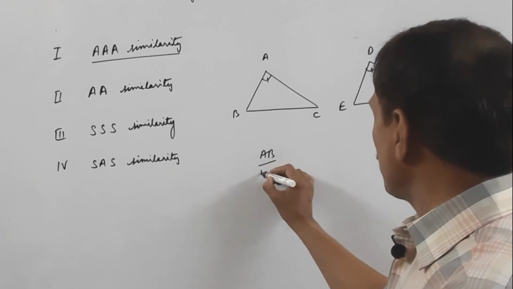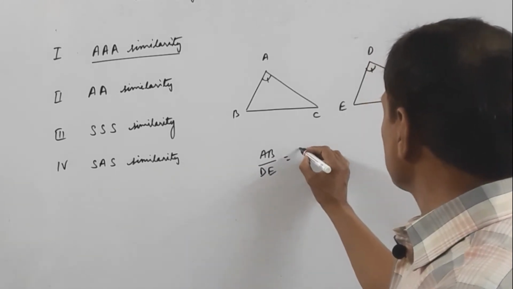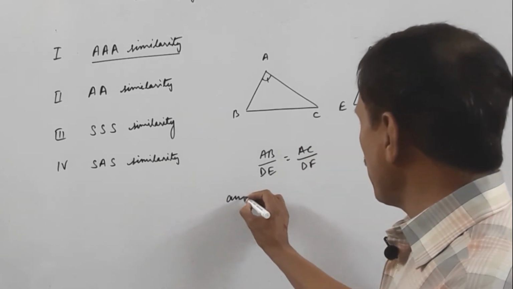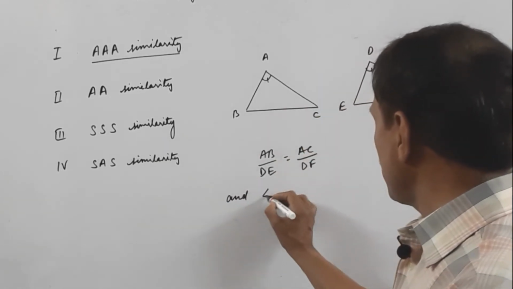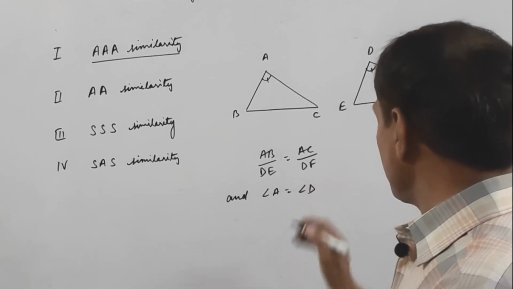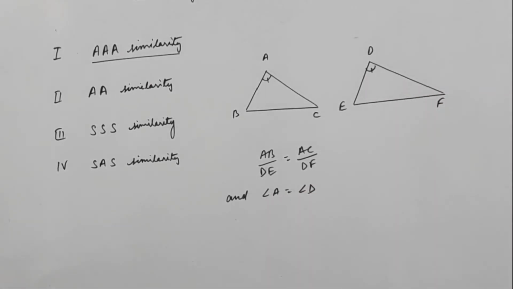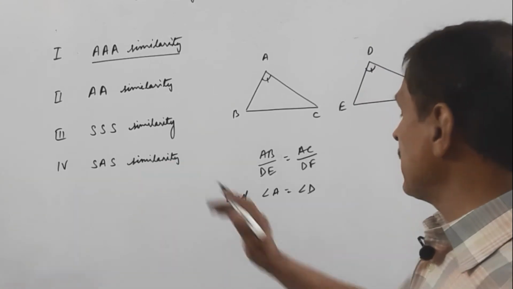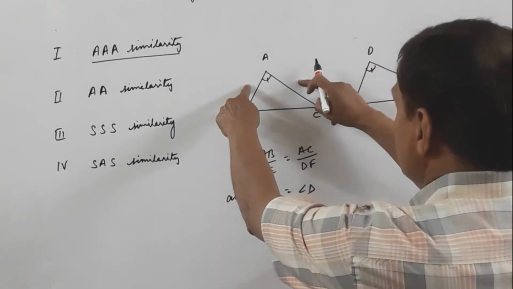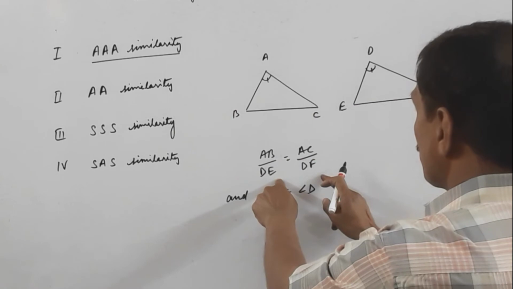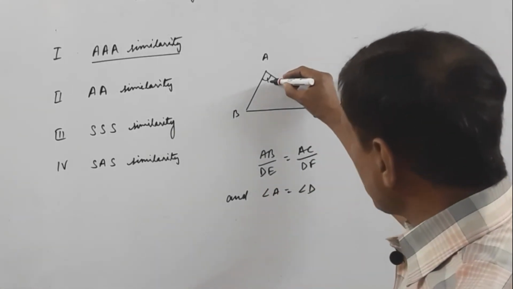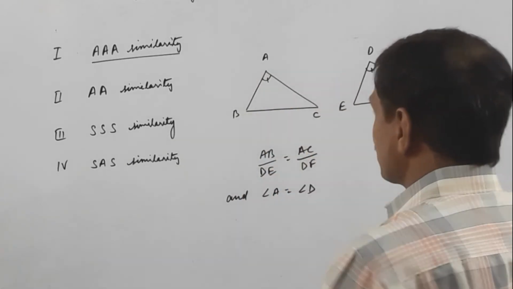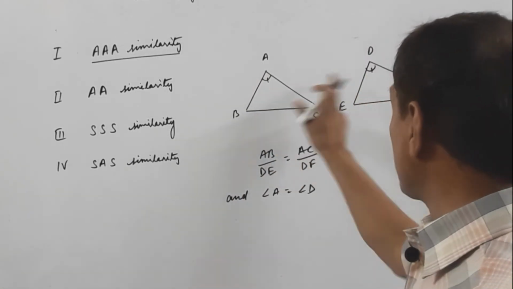Then AB upon DE is equal to AC upon DF, and the included angle, that is angle A, is equal to angle D. Then the two triangles are similar by SAS similarity, because the two sides are in the same ratio and the angle included between the two sides of the two triangles are equal.